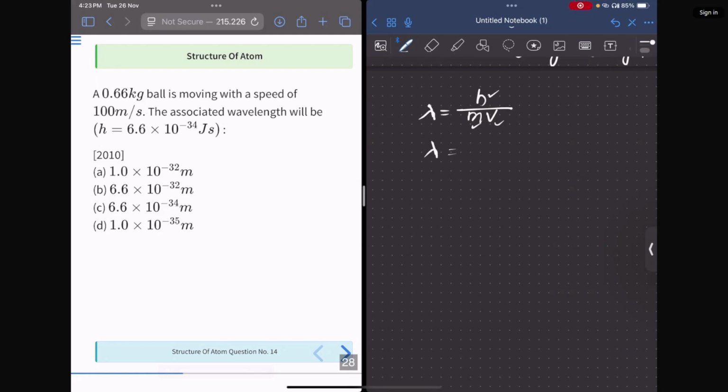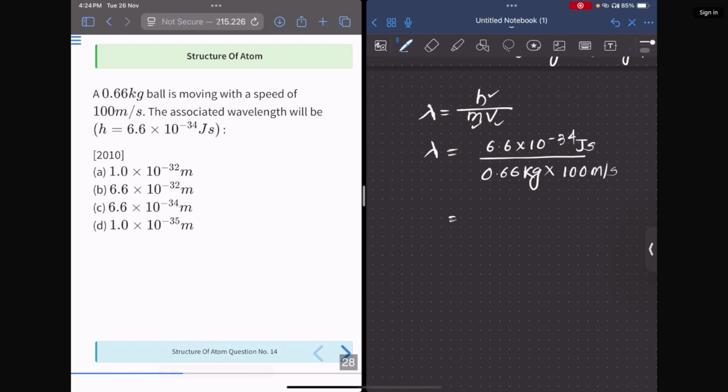So lambda will be: put the value of h, 6.6 into 10 to the power minus 34 joule second. What is the mass? 0.66 kilogram. What is the velocity? 100 meter per second.